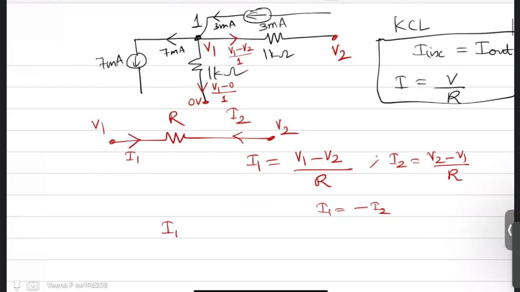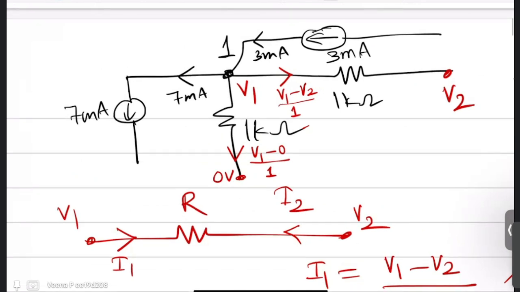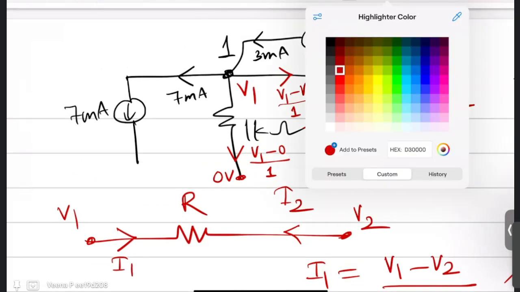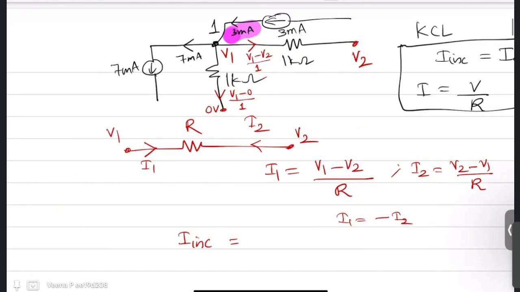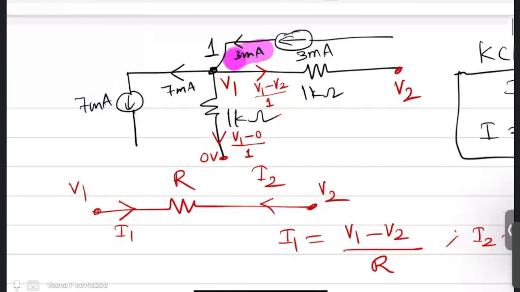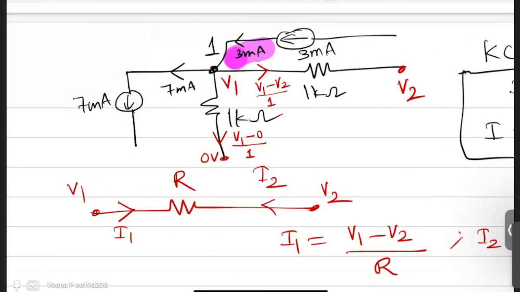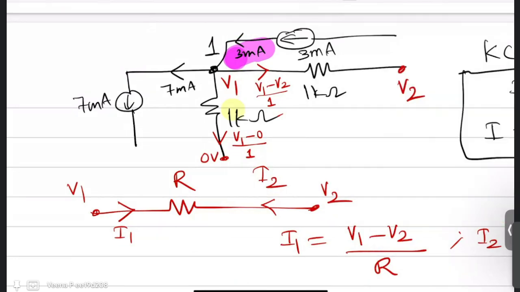So which are the incoming currents? Currents which are coming to the node. That is this 3 milliampere, only that is incoming. Always make sure you are following the units. Now the outgoing currents are V1 by 1, V1 minus V2 by 1 and 7.